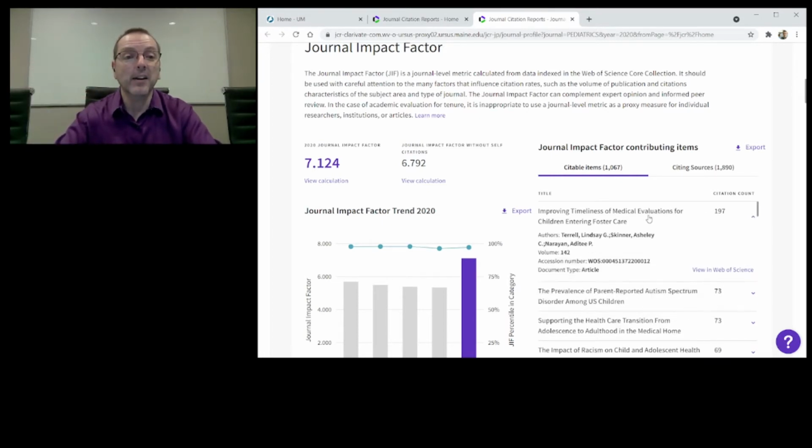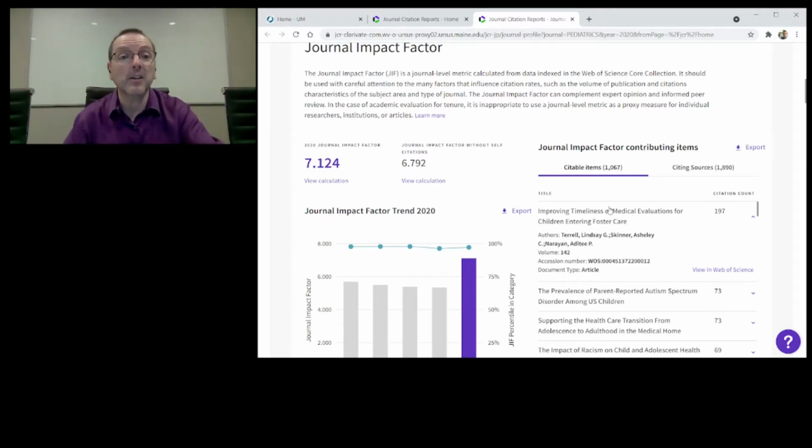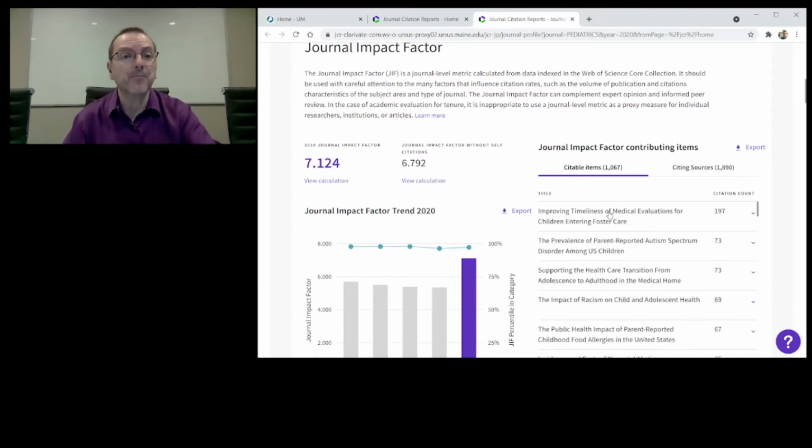If you click on it, it gives you a little bit more information about the authors, but it also includes a link here just in case for some reason you want to track this article down that was so widely cited. You can click on this link and it'll take you to the Web of Science, where you'll actually be able to see more detail specifically about that article, where remember the JCR is talking about the journal. This will take you to information about that specific article, but that's for another video.